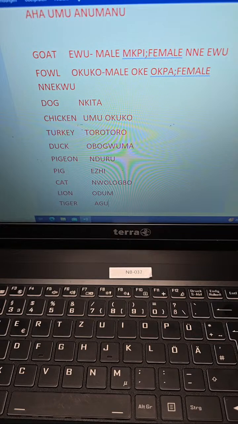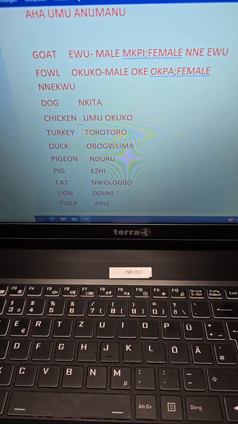The male okuko is known as okeopa. Female okuko is known as what? Nneku.